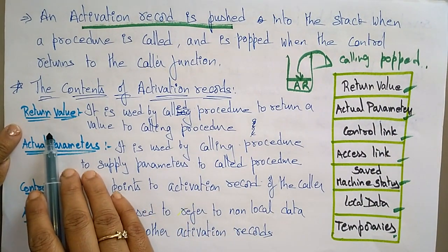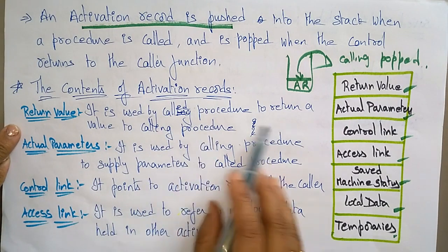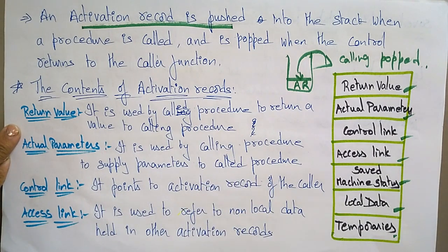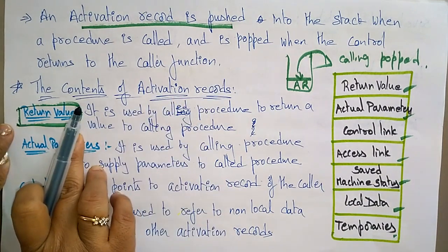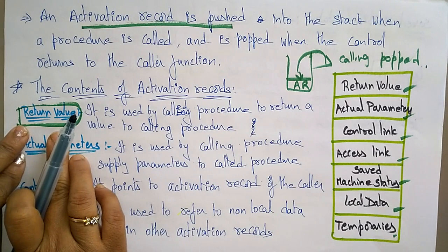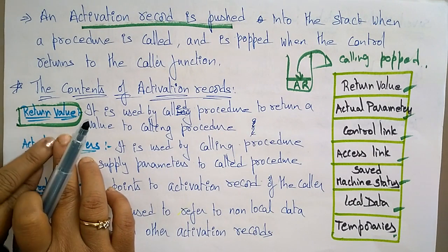First, the return value. It is used by the called procedure to return a value to the calling procedure. So what is the purpose of this return value?